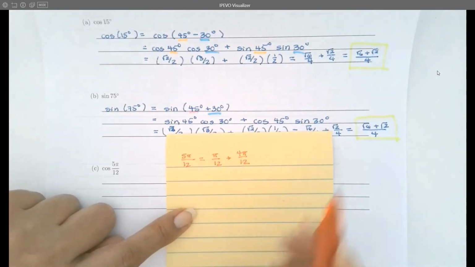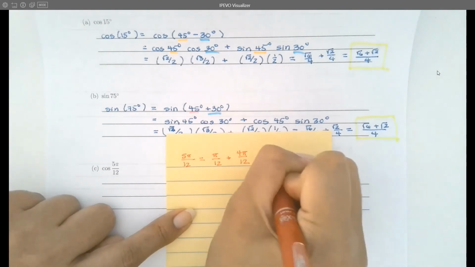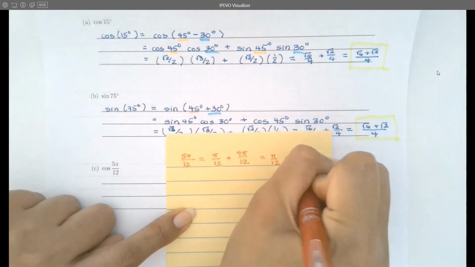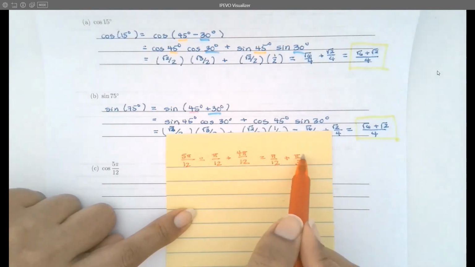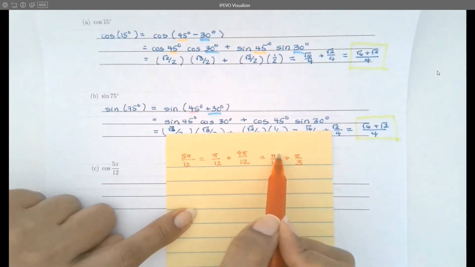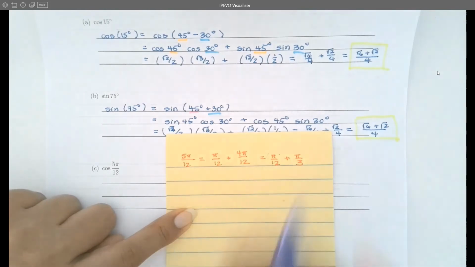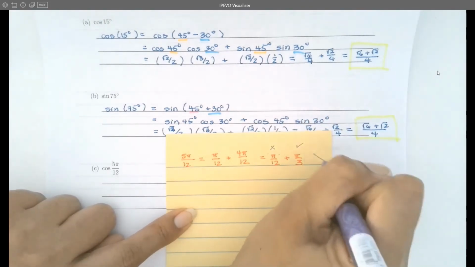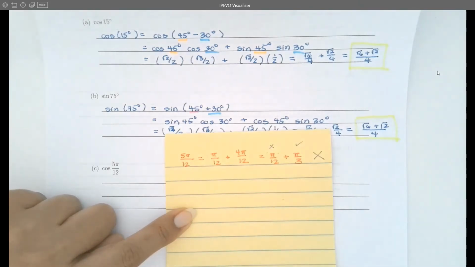So if pi over 12 doesn't reduce, 4 pi over 12 reduces to a pi over 3. This is on the unit circle, but pi over 12 is not. So because there's at least one angle that is not on the unit circle, we discard this possibility.